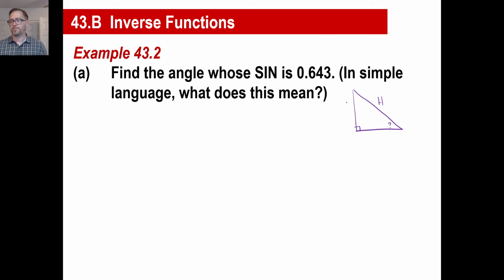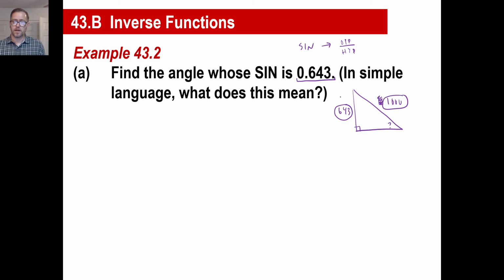First off, you tell me, the sine by definition is what over what? It's opposite over hypotenuse. So the opposite of whatever this angle is gives us a ratio of 0.643. We could say 643 and the hypotenuse would then be 1,000. That's a ratio of 0.643.